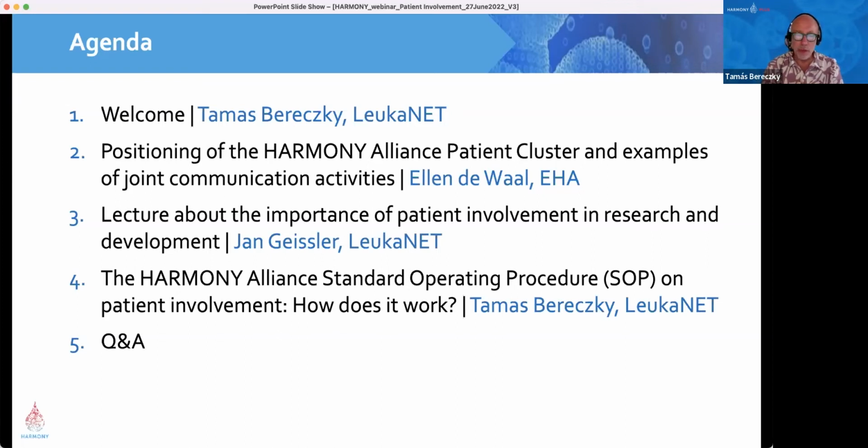Then we will listen to Jan Geisler, who will talk about the importance of patient involvement in research and development, and why it makes sense to work with patients in research and also later in development.